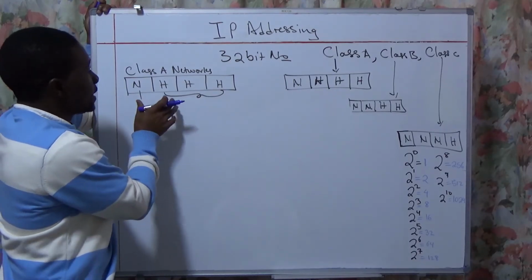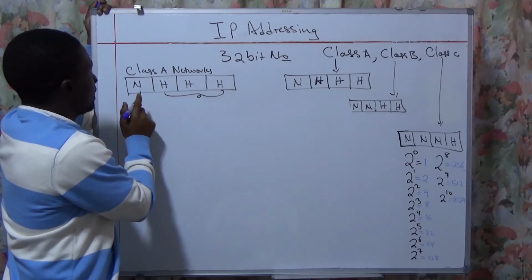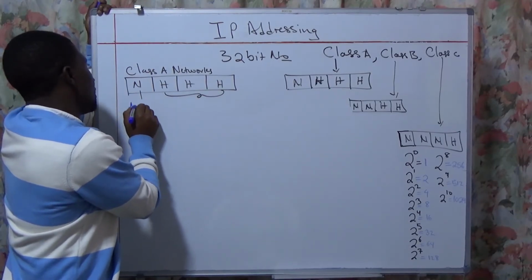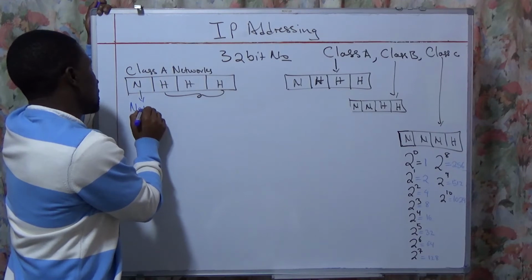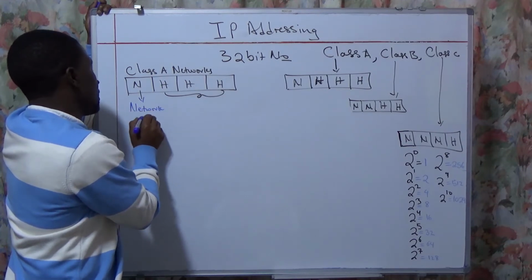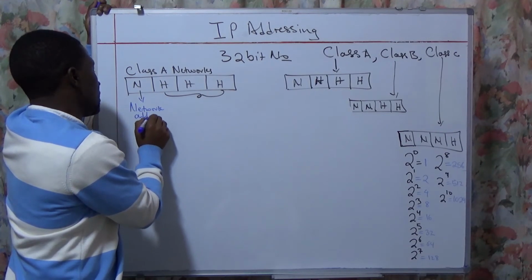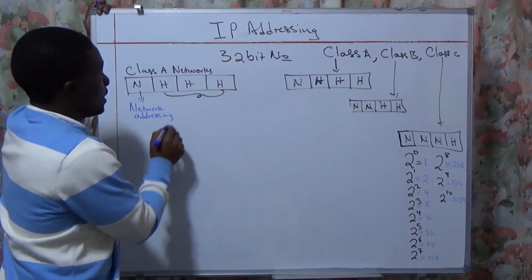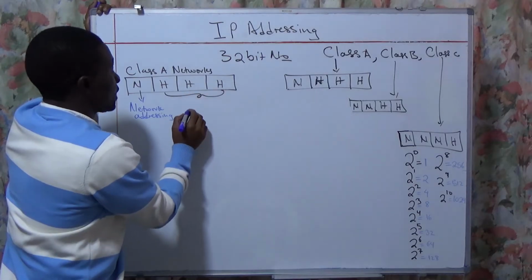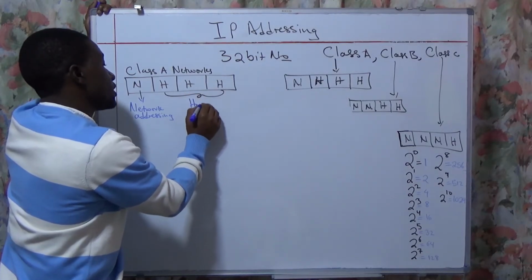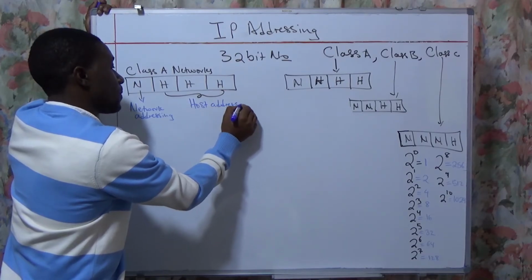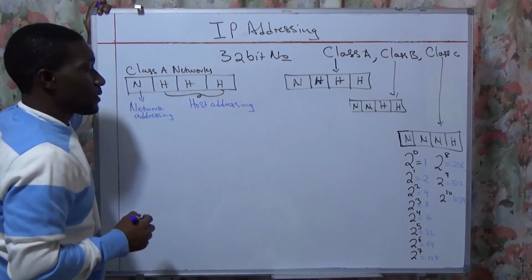We said that in class A networking, the first octet is provided for network addressing, and the rest of the octets are provided for host addressing.